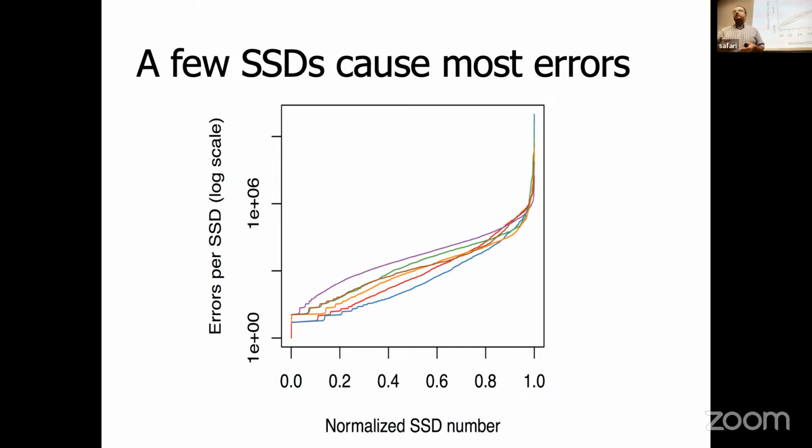There are some DRAM modules that are more error prone. Ismail can correct me if I'm wrong. But yeah, the same thing is happening for SSDs. There are some SSDs that cause more errors, and some of them cause most of the errors.